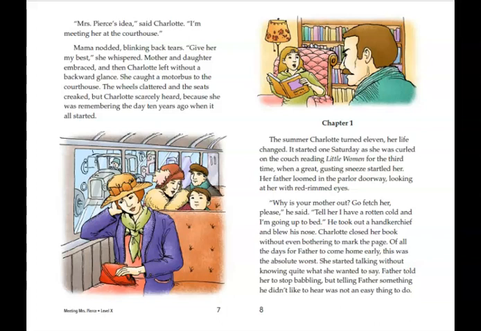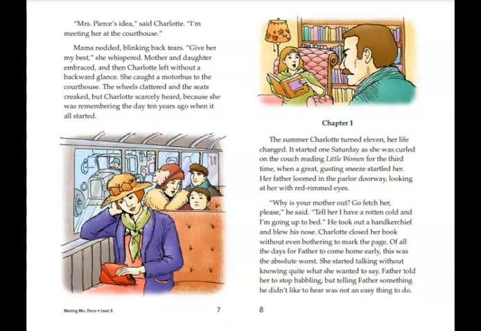Chapter 1. The summer Charlotte turned 11, her life changed. It started one Saturday as she was curled up on the couch reading Little Women for the third time when a great gusting sneeze startled her. Her father loomed in the parlor doorway, looking at her with red-rimmed eyes. Why is your mother out? Go fetch her, please, he said. Tell her I have a rotten cold and I'm going up to bed.